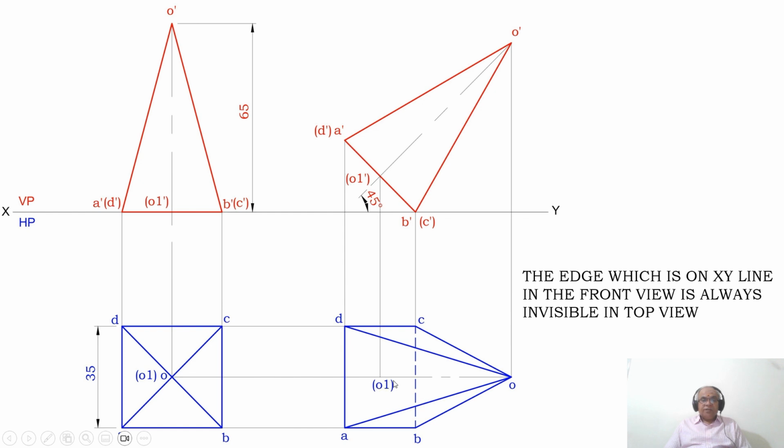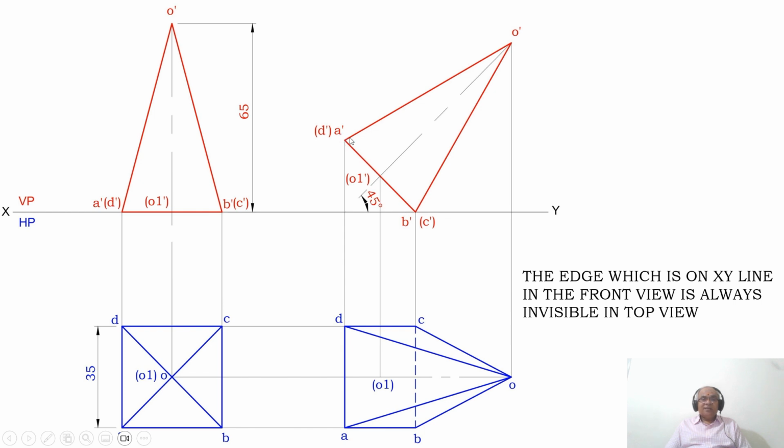So here, is O1 visible or invisible? Since some portion of the base ABCD becomes invisible, naturally, since O1 dash is on that edge, which is on that surface A dash B dash C dash D dash. Therefore, when you look from the top view, this triangular face O dash A dash D dash, O to A to D, D to O, is the triangular face which is visible.